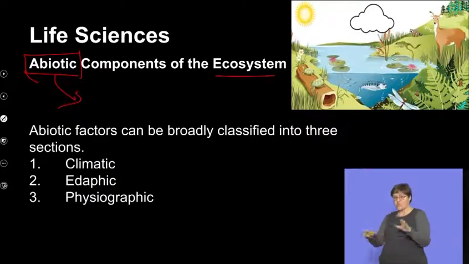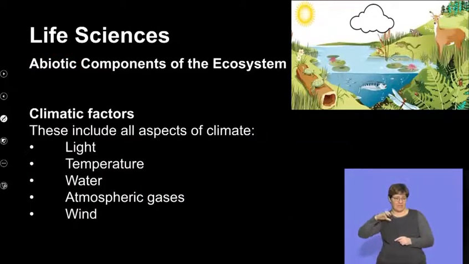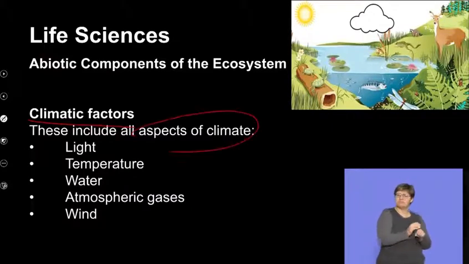As I mentioned, the abiotic components are the non-living components, and these can be broadly classified into the climatic conditions, the edaphic conditions, and the physiographic conditions. What do I mean by that? Let's try and unpack that. So when we talk of our climatic factors, we refer to those factors that are aspects of the climate.